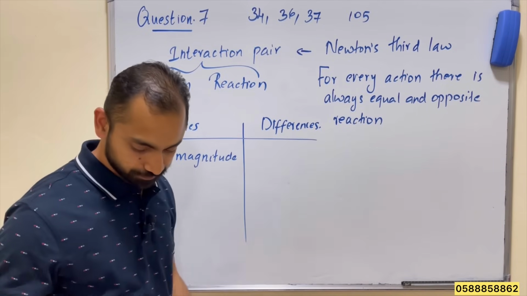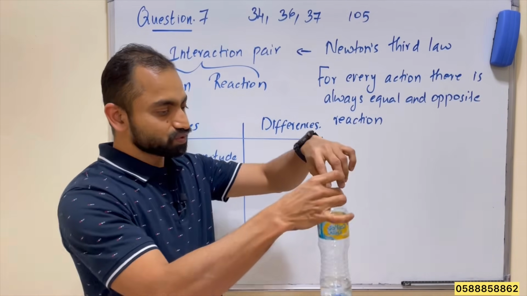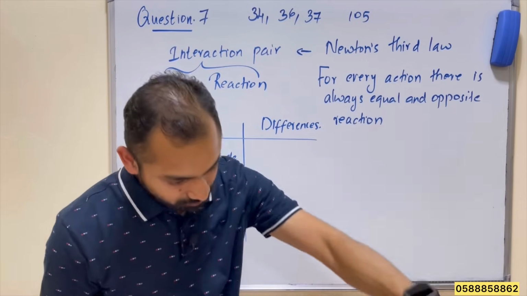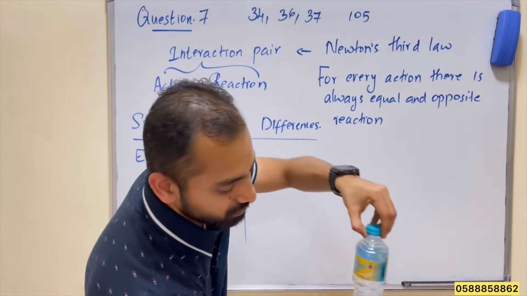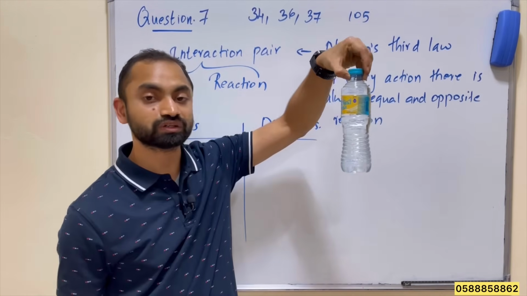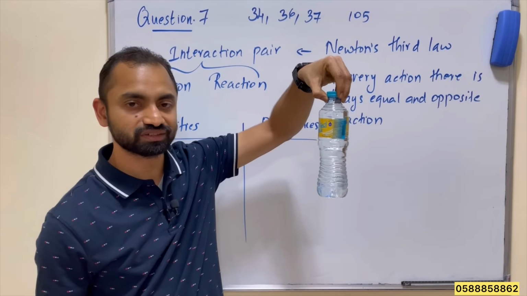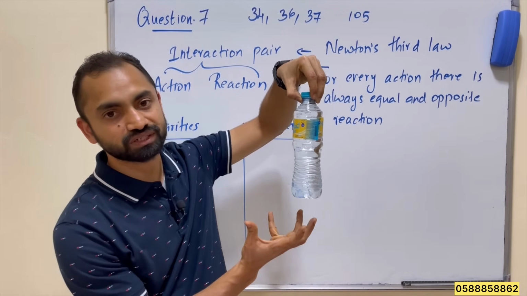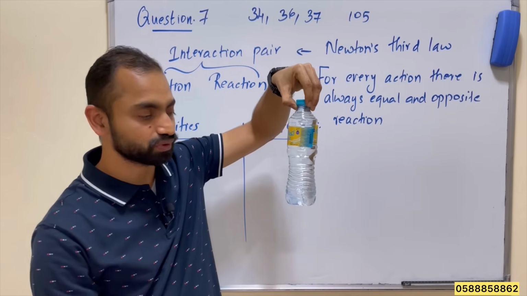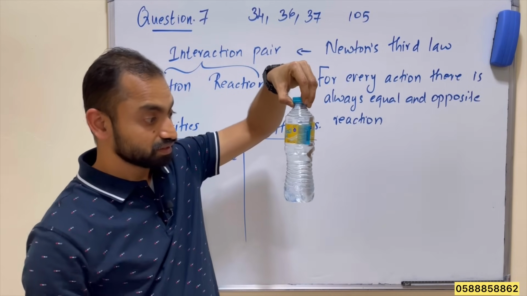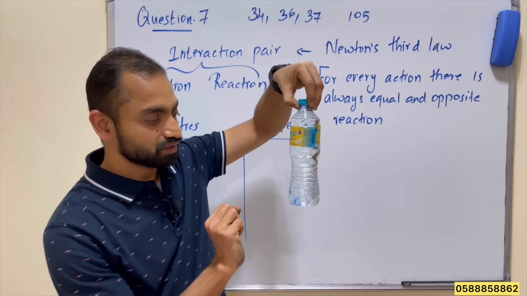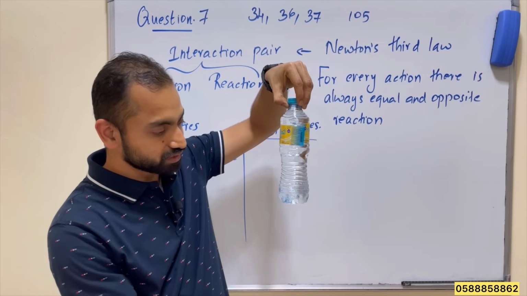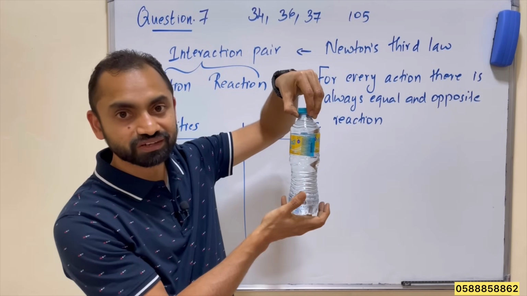For example, this water bottle: earth is attracting this water bottle in the downward direction. The force is gravitational force, a non-contact force. What is the reaction? The bottle is attracting the earth in the upward direction.